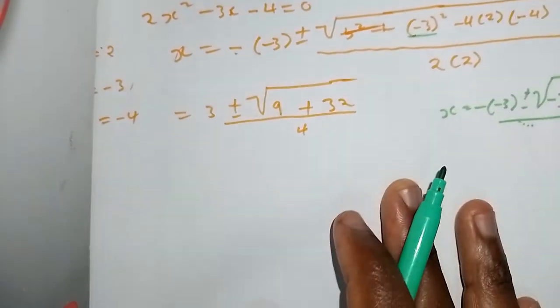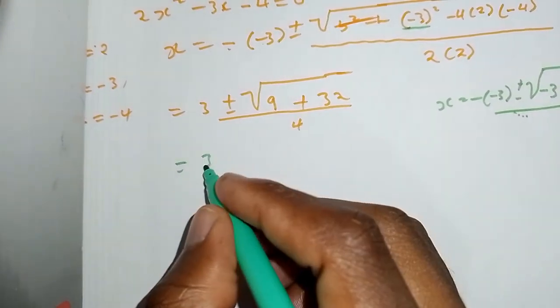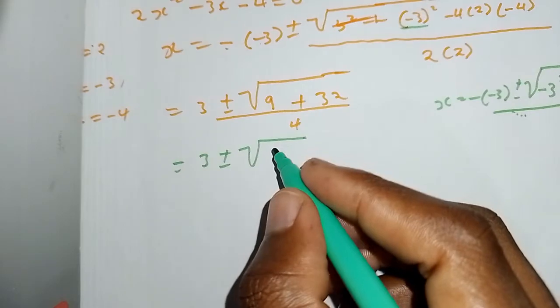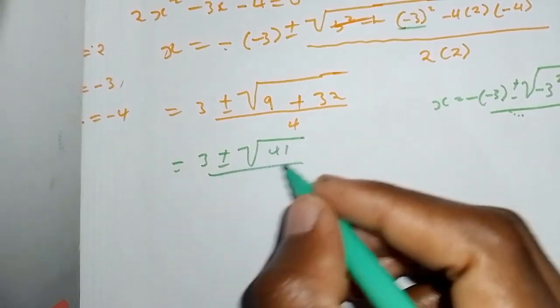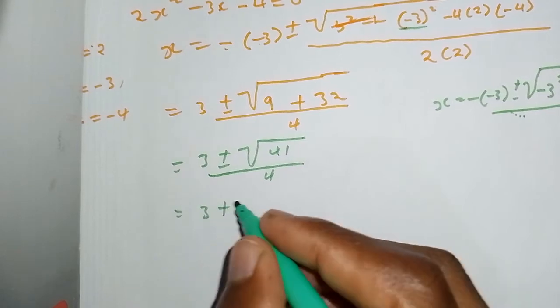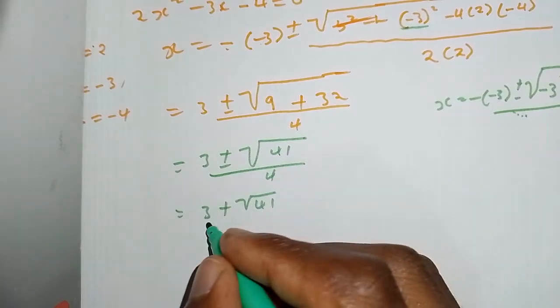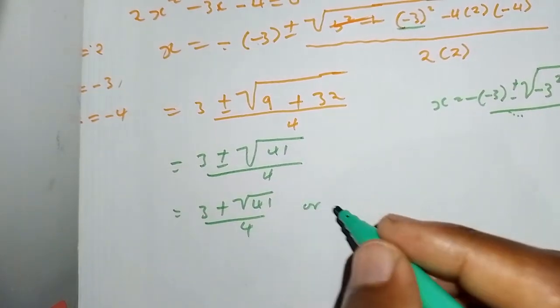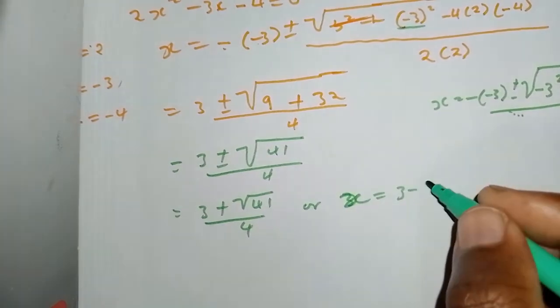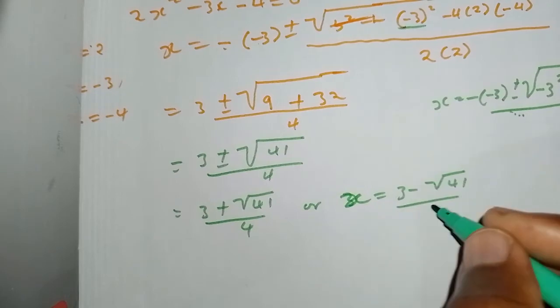Now let's continue. I have that this is 3 plus or minus the square root of 9 plus that, I believe it's gonna be 41 over 4, right? Then x is equals to 3 plus square root of 41 whole over 4, or x is equals to 3 minus square root of 41 whole over 4.